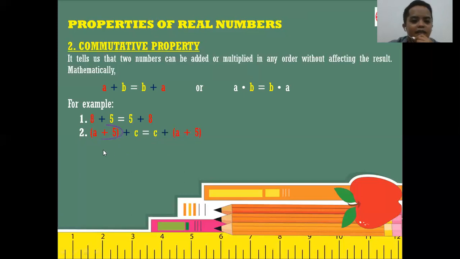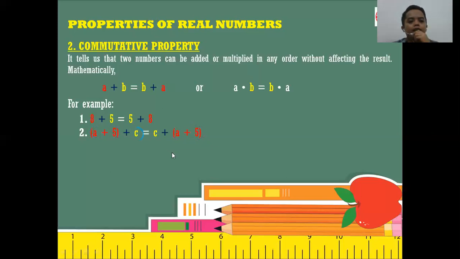Meaning this is your A. This expression represents your A. So your A would now be moved to the other side, which is this one, a plus b. And then the B here, which is the representation of B, is now c. So the c would now be first, but the addition will remain. That is the commutative property of addition.